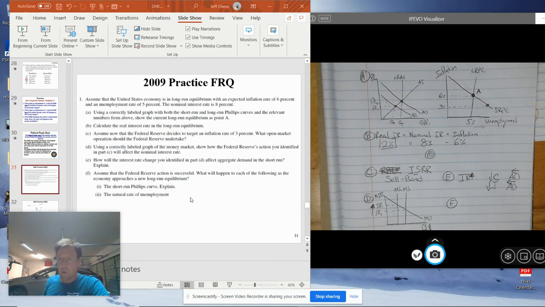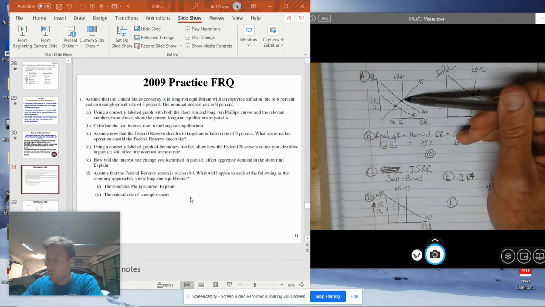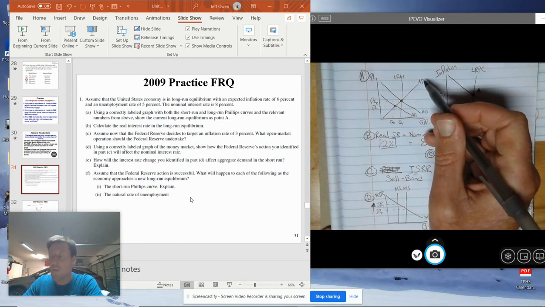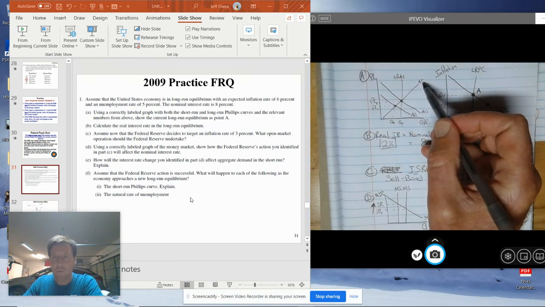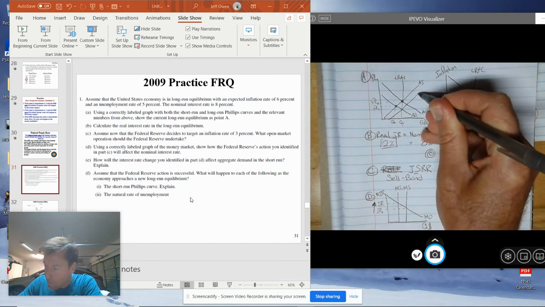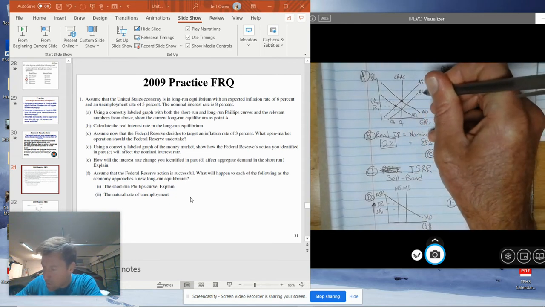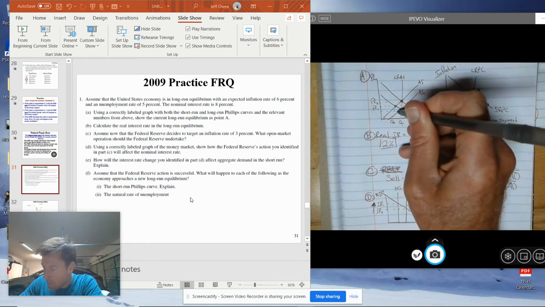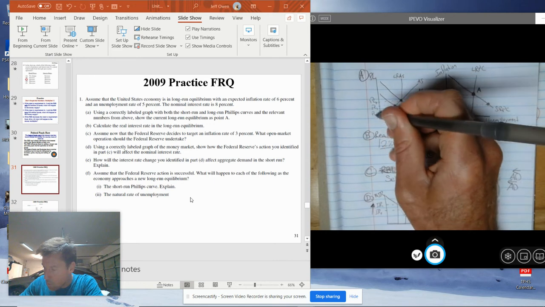Okay, so we know that if we're in a recession, price levels are going to fall. In the long run, wages and resource prices are going to fall, so AS shifts to the right. So now we have a PL2.